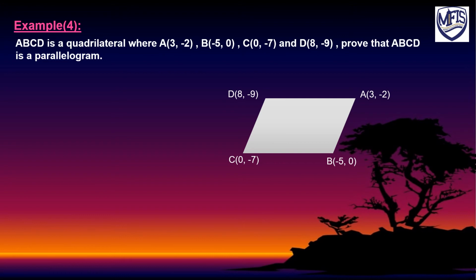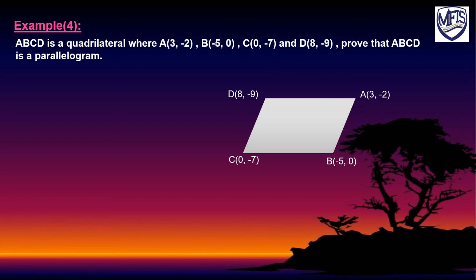Now, to prove the quadrilateral is a parallelogram, we must find or use the properties of the parallelogram. Who can tell me what is the property of the parallelogram? We have studied this before. Yes, the first property, each two opposite sides are equal in length.